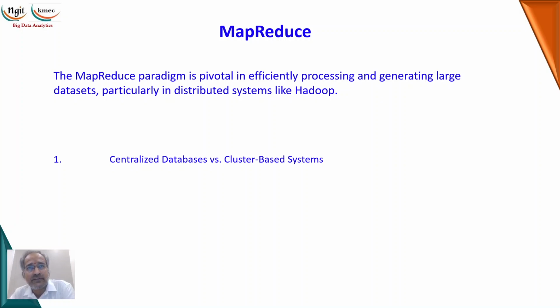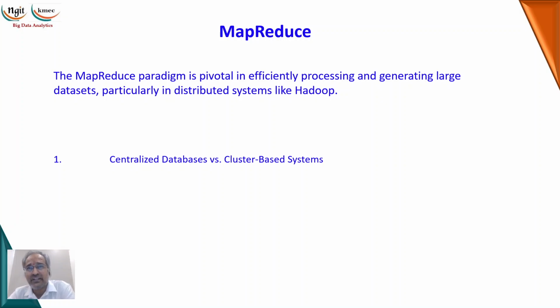Okay, so distributed environment. Centralized versus cluster-based systems. As you know, a centralized system may fail, and if it fails in the process, then we will lose the entire thing. Again, we have to start from the beginning, and we may lose the data also.